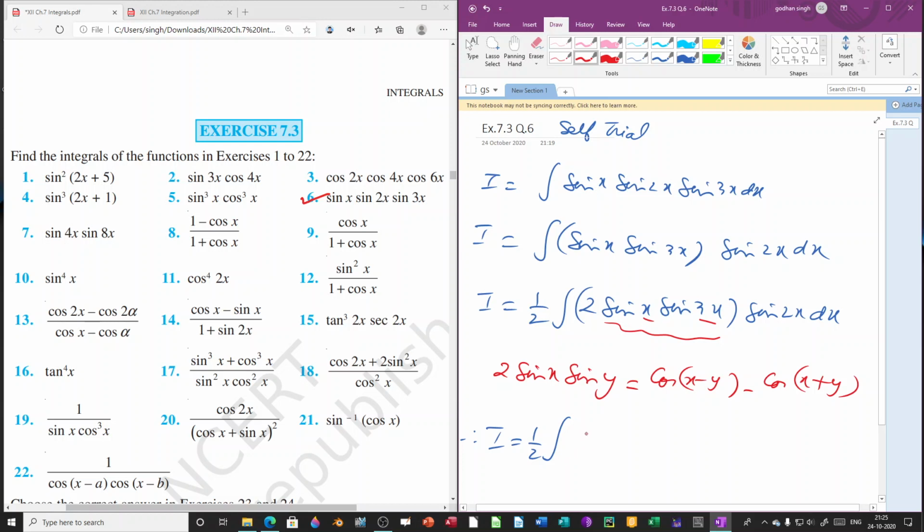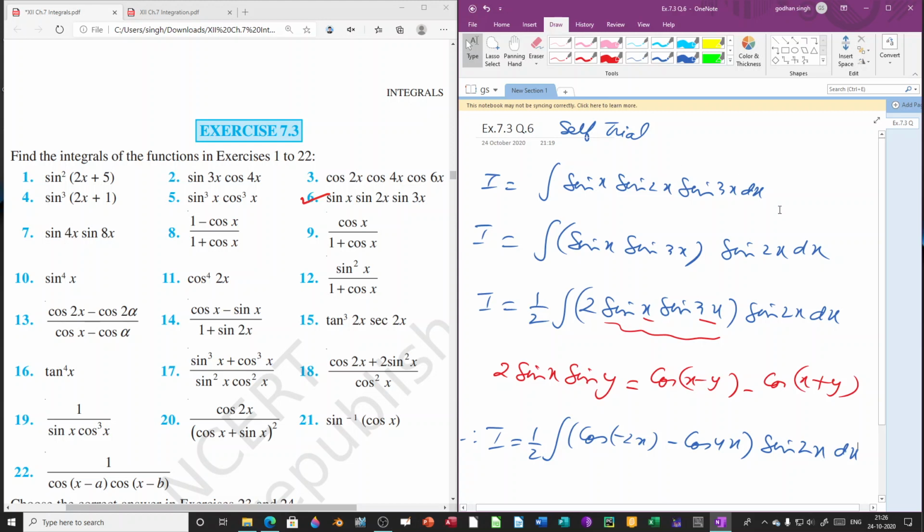So this will give us I equal to half integration of cos(x minus y), that is x minus 3x, so that is minus 2x, and minus cos(x plus y), so that is x plus 3x, that is 4x, minus cos 4x, closing the bracket, times sin 2x and dx.